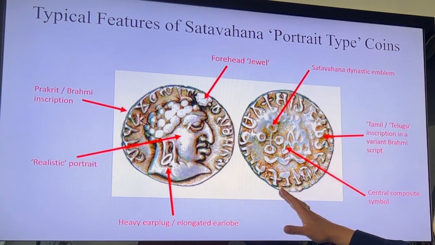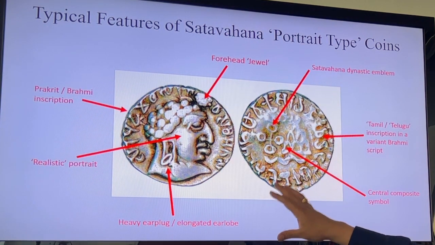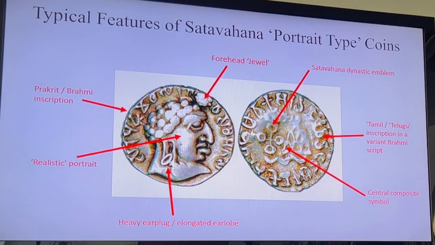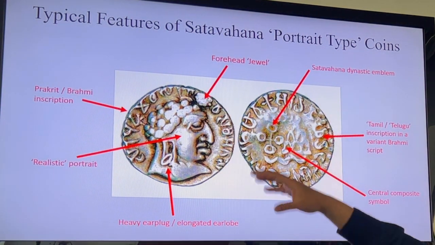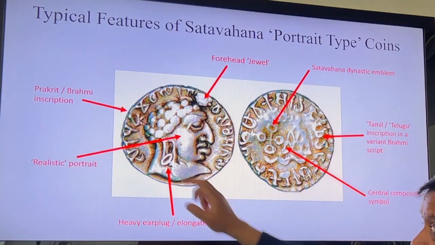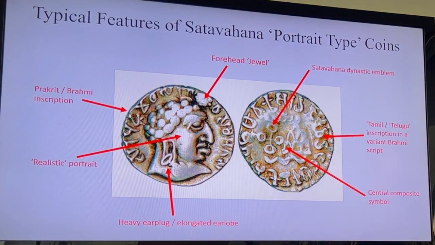All Satavahana portraits show the king with two important features in terms of decoration. One is that he wears a forehead jewel right at the top of his head. And the second is that he has very heavy ear plugs, which makes his ears go down almost to his shoulder length.